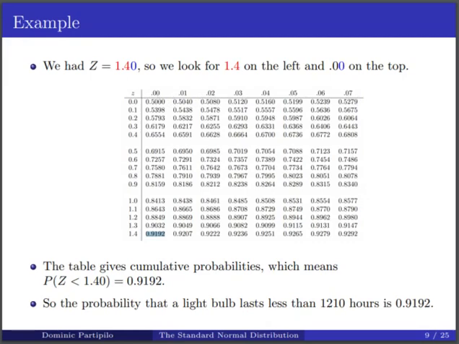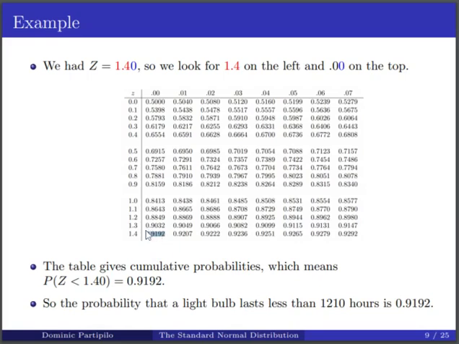So since we're looking for 1.40, we can look for 1.4 and then we can look at 0. And what that will give us is a cumulative probability. And remember, a cumulative probability means the probability that z is less than or equal to 1.40, which is the probability that we were interested in.